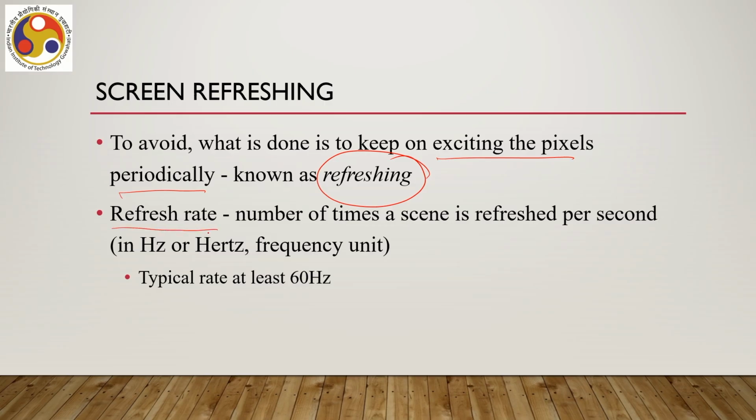The refresh rate is the number of times a scene is refreshed per second on the screen, typically represented in terms of hertz, and a good refresh rate for most devices is 60 hertz.